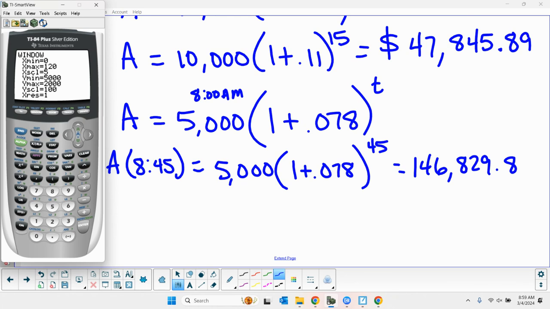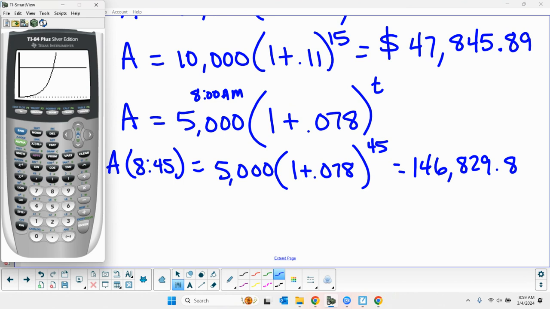And let's go to 750,000, and let's go by 5,000. All right. And we'll hit the graph. And there's our growth graph. And then our 500,000 line, there it comes in. All right.